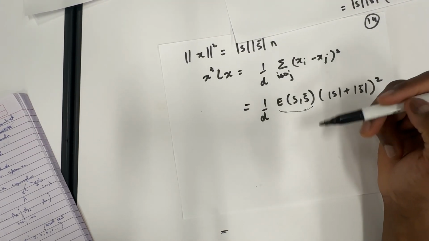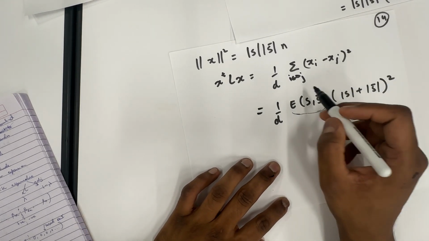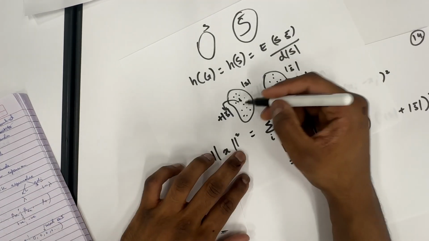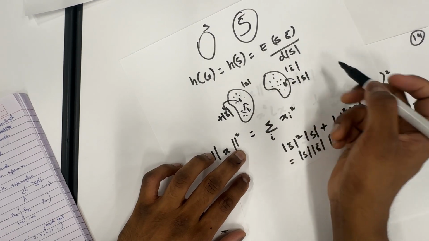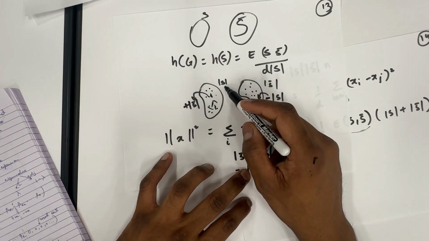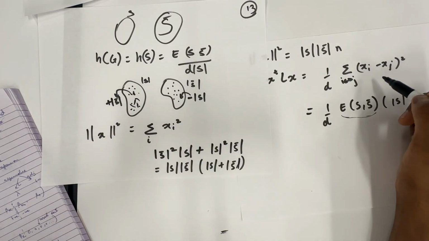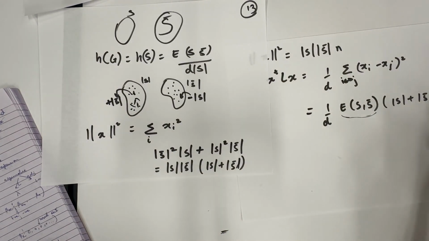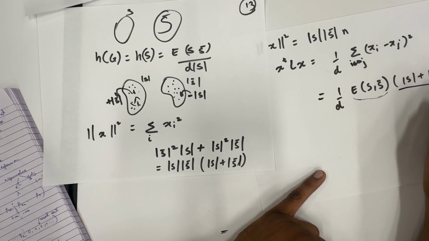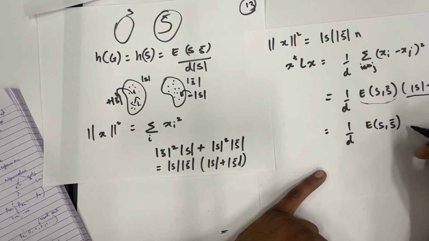So for all ij edges, there can be some edges which are running inside and some edges which are running outside. For edges which are running inside, xi and xj are the same because of the number that we assigned, so this contributes 0. The only contribution here is from the edges which are running across, and for all those edges the contribution is the same because of the way we assigned values. So this becomes 1 over d, edges of S, S bar, times n square.